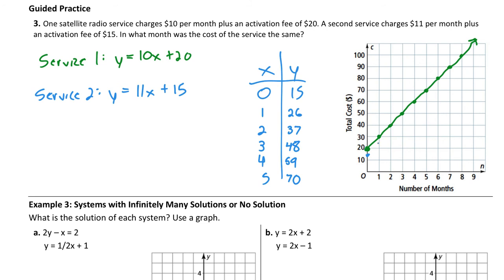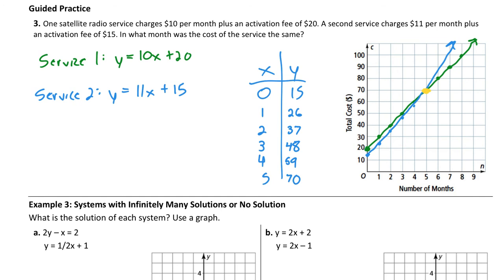You are going to have to estimate: 1, 26; 2, 37; 3, 48; 4, 59; and then 5, 70. That's the only easy one to graph. But if you're not careful with how you graph, this could get really tricky because these lines are very, very close to each other.